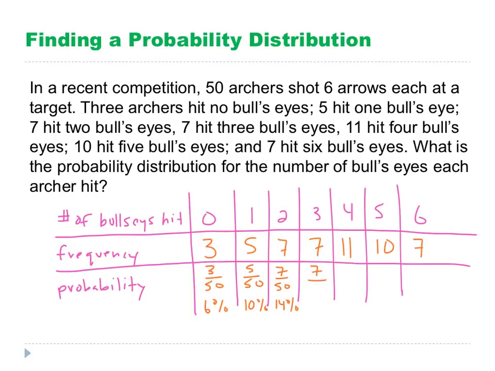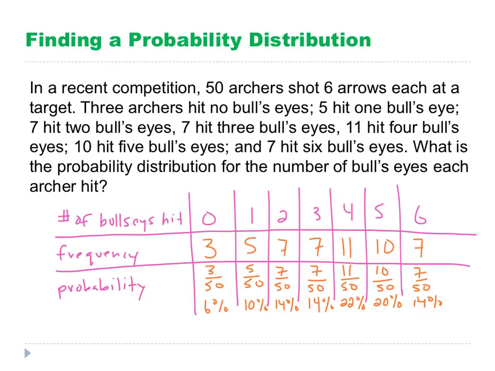Another 7 out of 50, again 14%. 11 out of 50, which would give us 22%. 10 out of 50, which is 20%. And finally, 7 out of 50, which is 14% again.